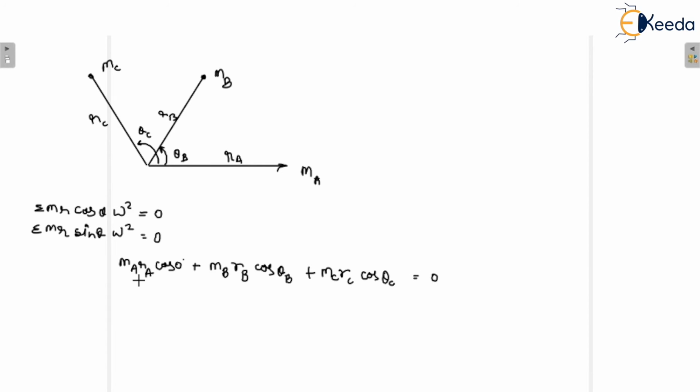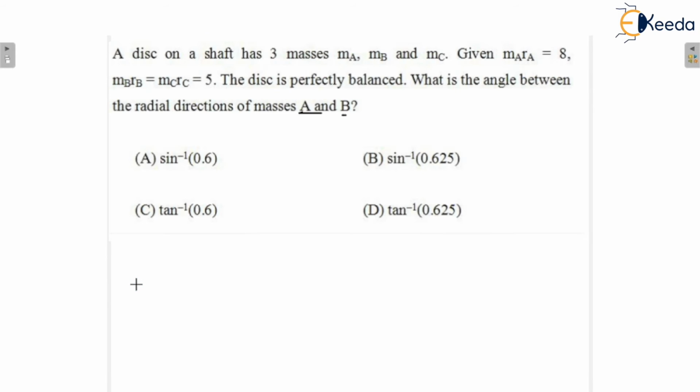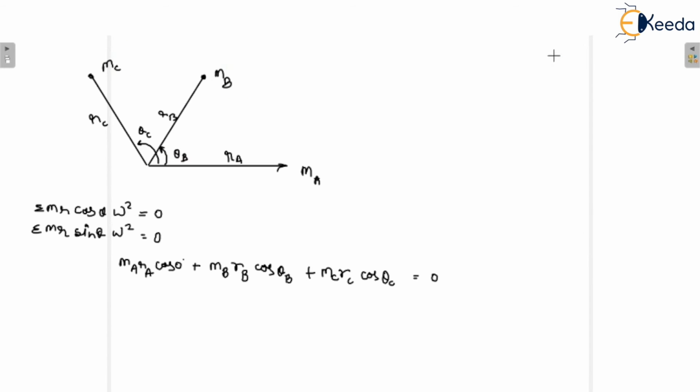Now cos 0 is 1 and MARA is 8, so that is 8 plus MBRB is 5 and MCRC is also 5, so 5 cos theta B plus 5 cos theta C, that is equal to 0.